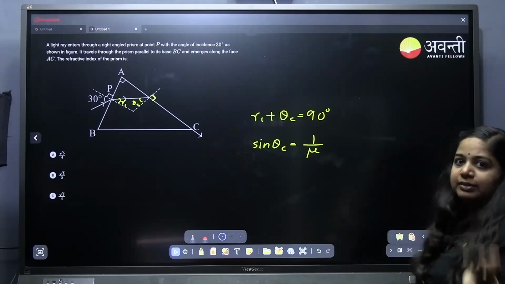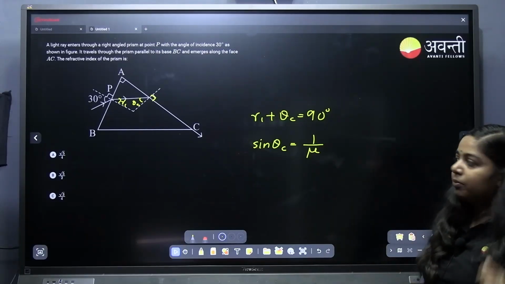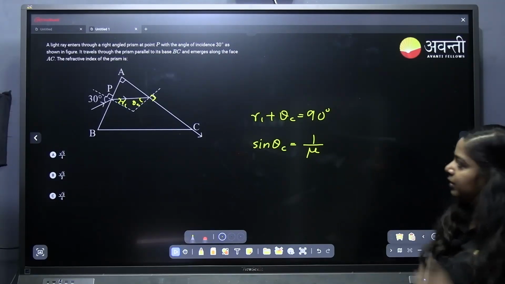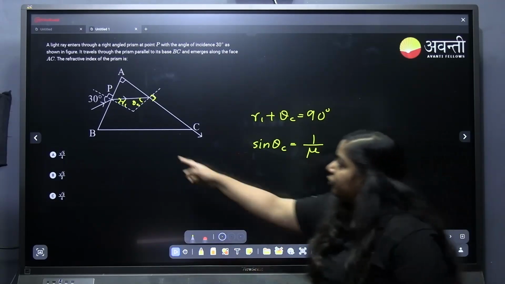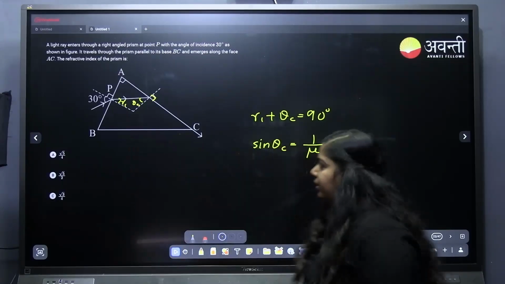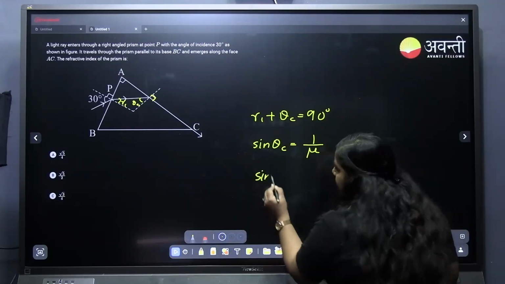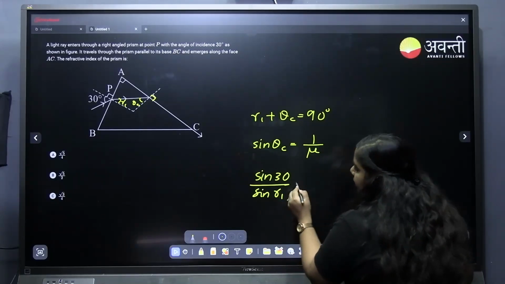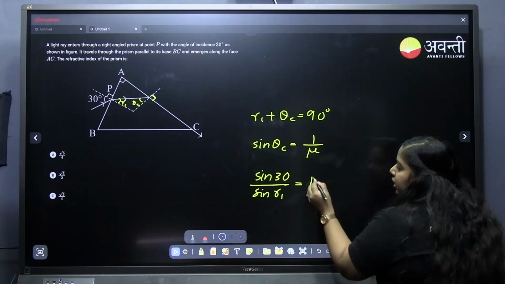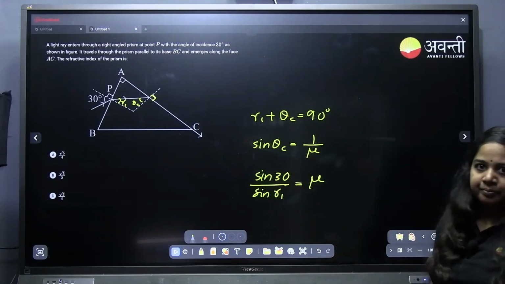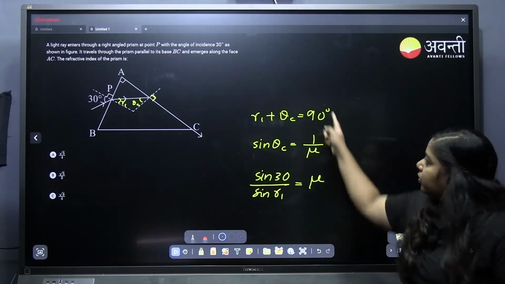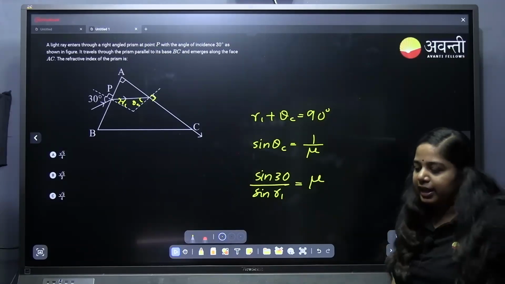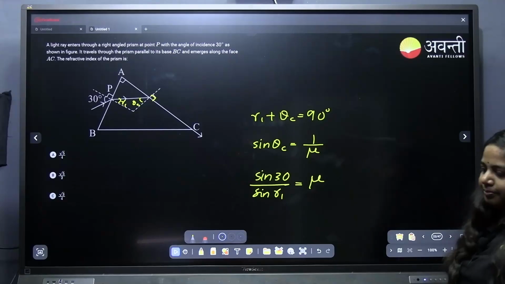We are assuming that the surrounding medium is air, so 1 by refractive index of the prism will be sin theta C. Then, if you take 30 degree and R1, sin 30 divided by sin R1 will also be equal to mu. So we know this many details, substitute them and we can find the answer. Can you do it by yourself?